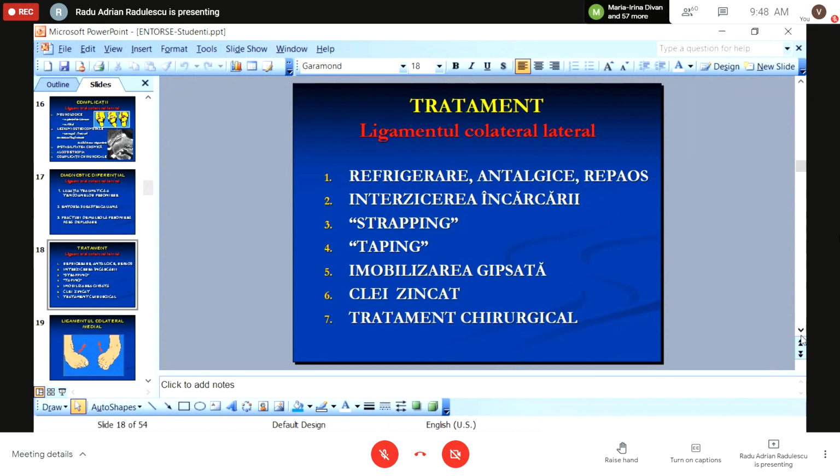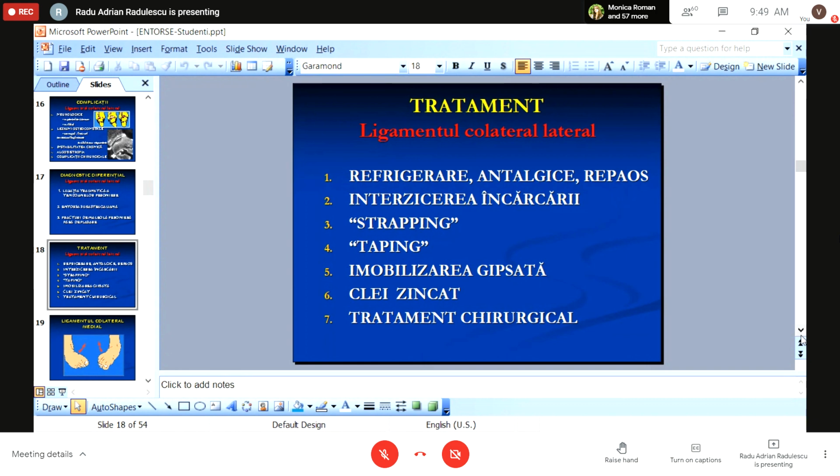In type 2 sprains, the treatment depends on the result of the dynamic tests. That's exactly what I told you about with the X-rays in forced position. If the dynamic tests are negative, meaning that the ankle will not open on the lateral aspect beyond its physiological status, then we can use the so-called strapping.